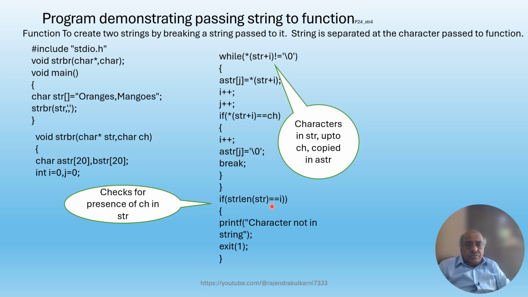If i is equal to the string length, which means that the loop has terminated up to its end character /0 and still it has not found any character which is equal to the character sent from the function call, which means the character passed by the function call is not available in the string, and hence the program exits.